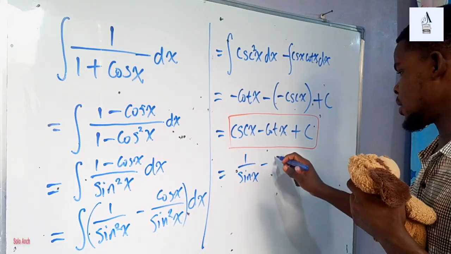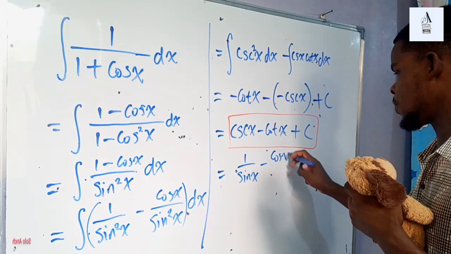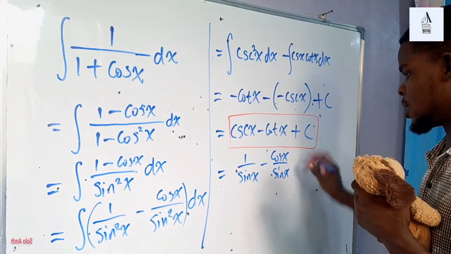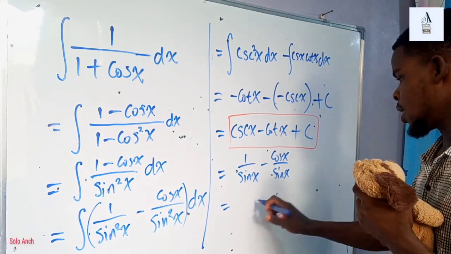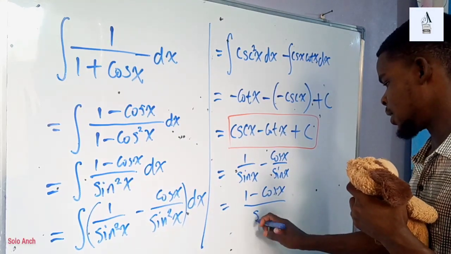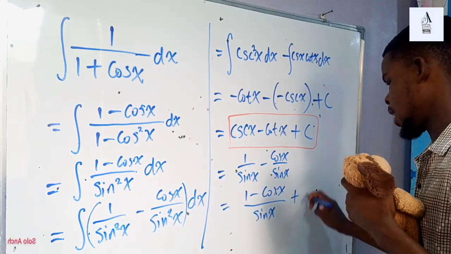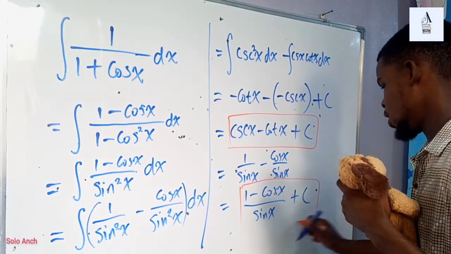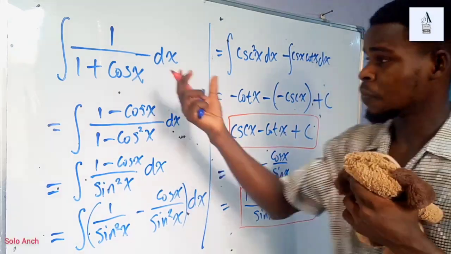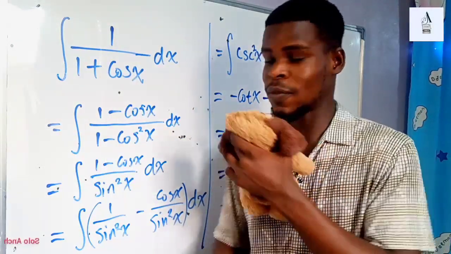Minus cotangent is cosine over sine. That will be 1 minus the cosine of x divided by the sine of x, and we can add an arbitrary constant. So this is another way to represent that result. Whichever way you like, that is the antiderivative of that function.